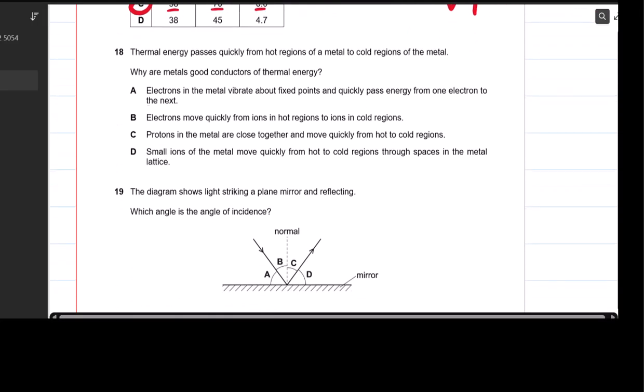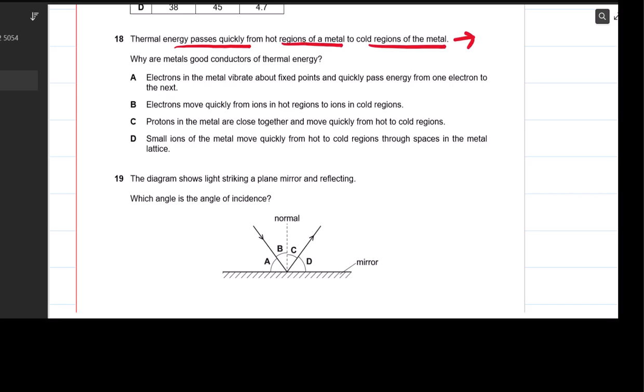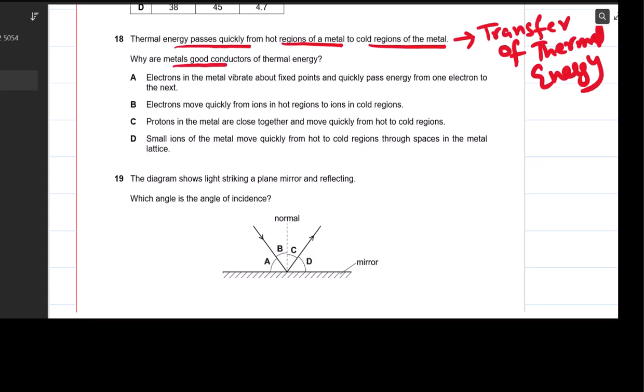Question number 18. The thermal energy passes quickly from a hot region of matter to a cold region of the metal. So this is the statement of transfer of thermal energy. You have to remember this. Why are metals good conductors of thermal energy?